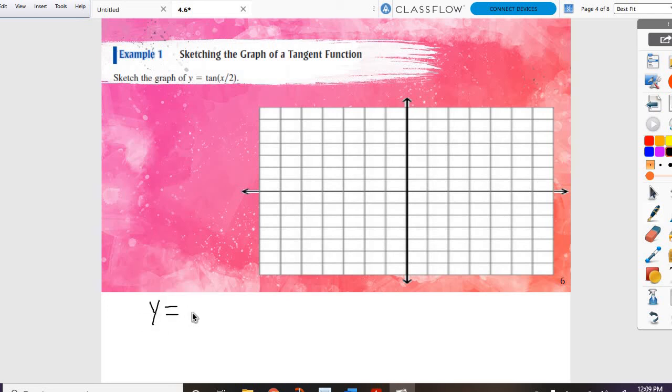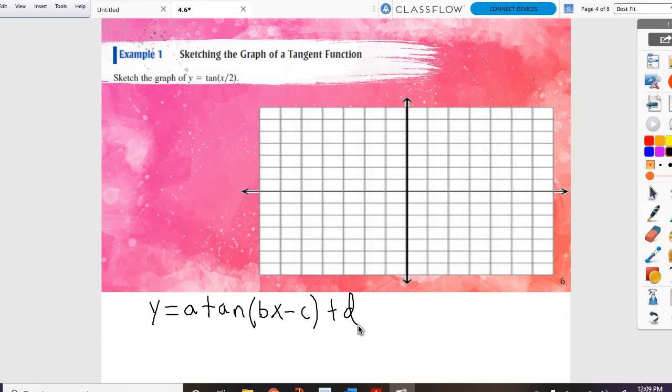I still have an a value in the front, a b value on the inside, a c value, and a d value. That a value in the front, we can't technically call it amplitude because amplitude is half the distance from the max to the min. We don't have a maximum and a minimum, but it's still going to stretch it, just like it did for our sine and cosine. The same thing is going to be true for our c and d values. Those are going to give us horizontal and vertical phase shifts.